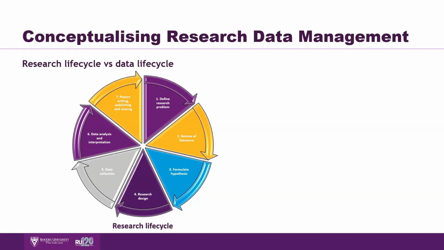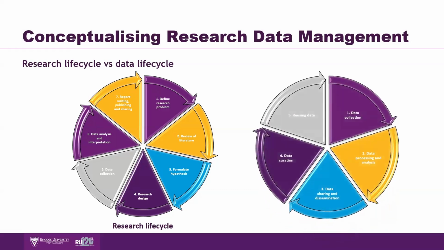You define your research problem, conduct your literature review, formulate a hypothesis, design your research, collect your data, analyze your data, and produce a research output in the form of, if you're a postgraduate student, by way of example, a dissertation or a thesis. If you're a fully fledged researcher, the output would be a research paper or research article, or it could be a book chapter. But this, to a certain degree, can ignore the data that actually underpin the research.